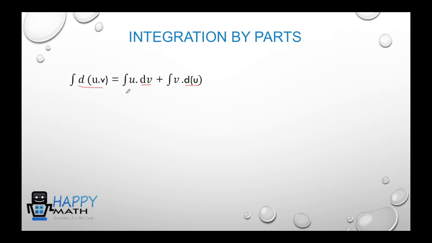After that, you can move the terms of this expression like this. Okay. So the position of the integral of u dv is unchanged. You have to move the term v du to the other side, and you have to change it from positive to negative. You get this one.